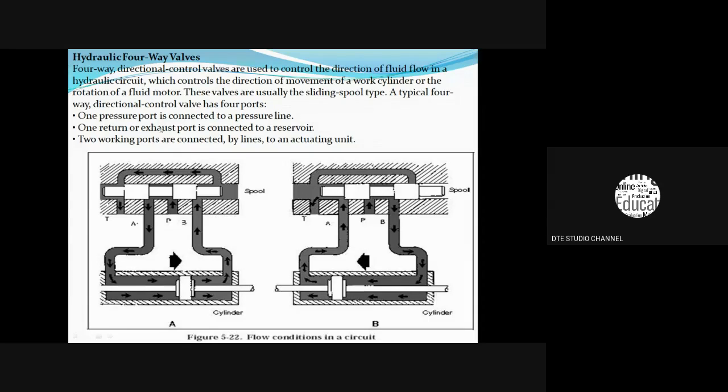One pressure port, P, connected to the pressure line. One return or exhaust port, T, connected to the reservoir. Two working ports, abbreviated as A and B, which are connected to the two ends of the cylinder. I will show you the symbols representing a 4x2 and 4x3 DC valve.